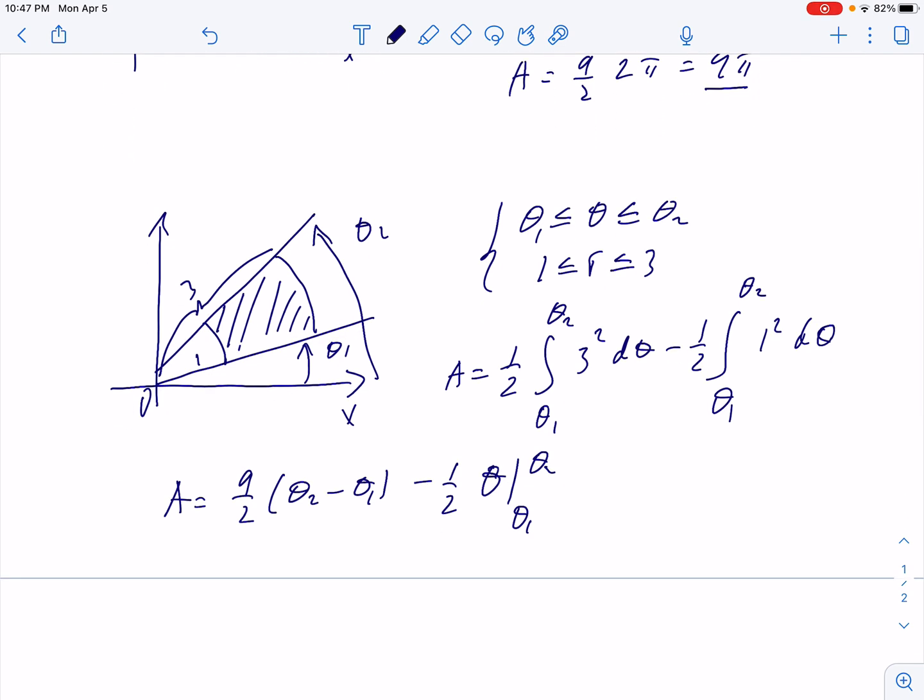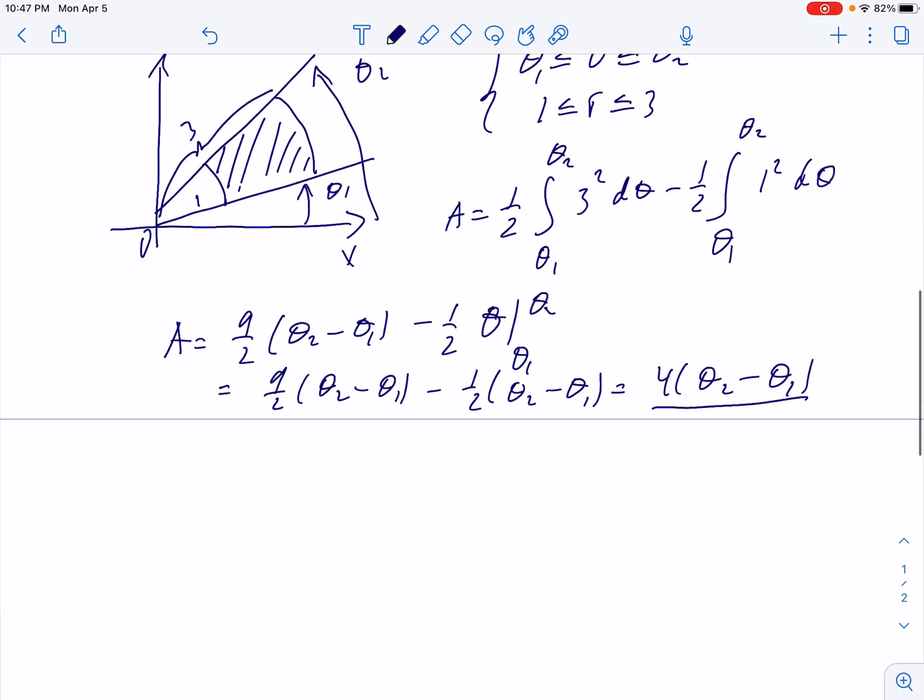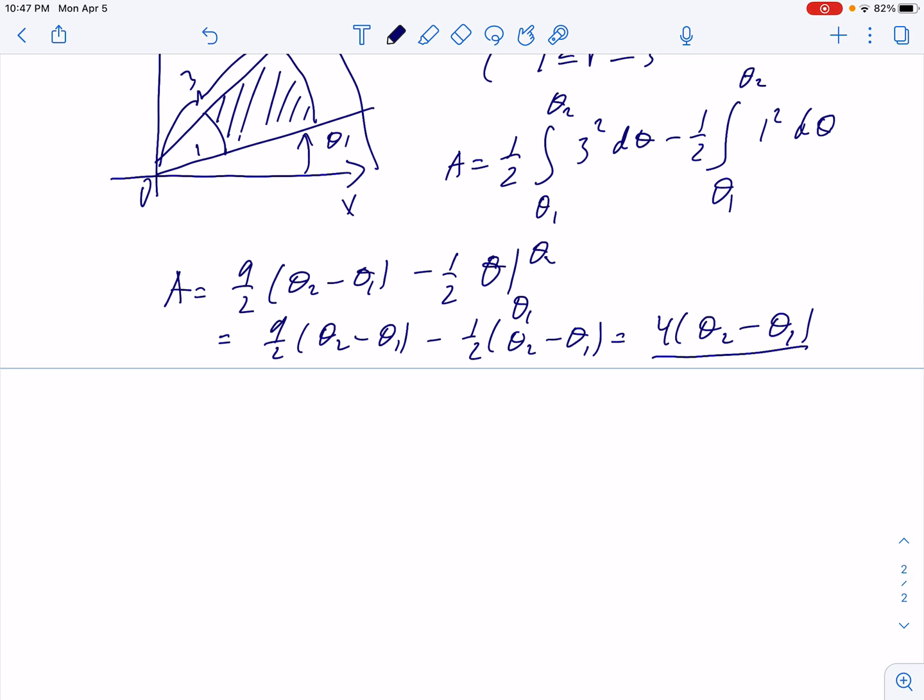So this will give 9/2 theta 2 minus theta 1 minus 1/2 theta 2 minus theta 1, which will be 8/2, which is 4 times theta 2 minus theta 1. And if you have theta 1 to be 0 and theta 2 to be 2 pi, you have an entire ring to find the area.